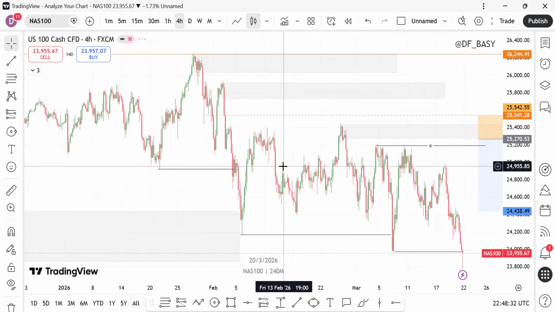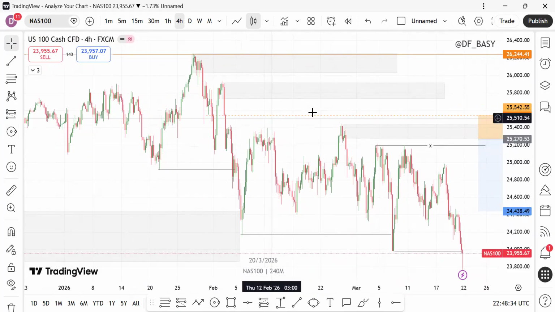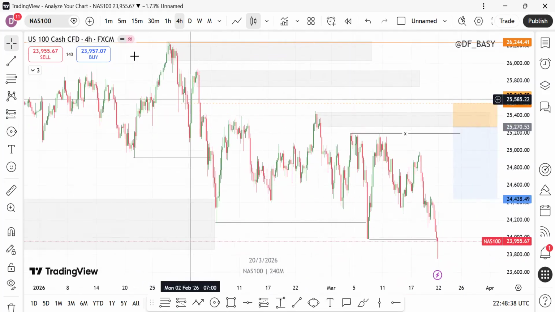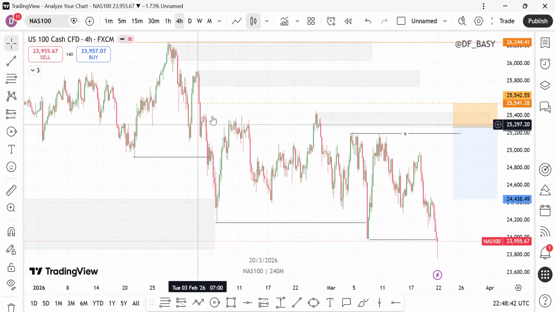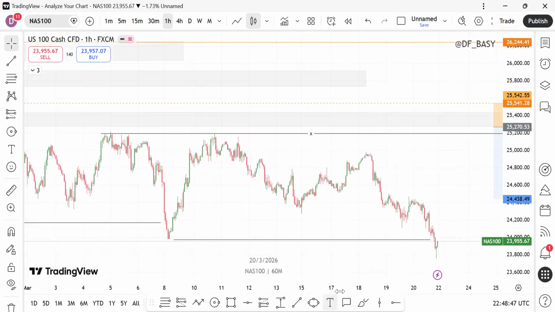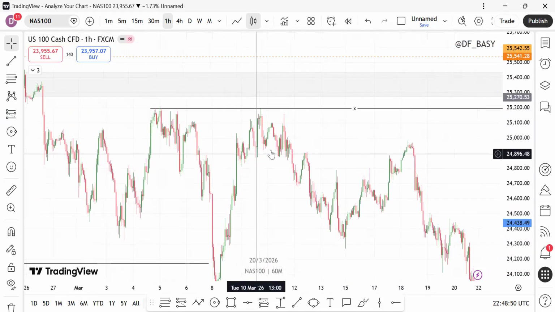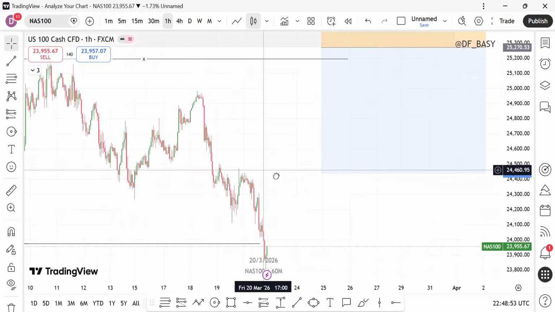So if you can see, watch closely, we broke down from the monthly to the weekly to the daily, then to the 4 hours. I'm a swing trader and an intraday trader, so I basically did 4 hours. Then if I break down to the 1 hour, the only thing that takes me down to the 1 hour is if I want to get cleaner entries.